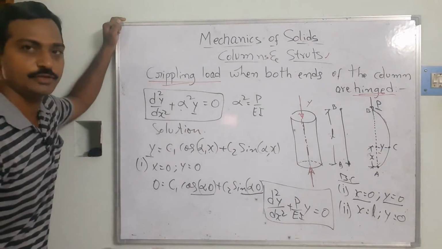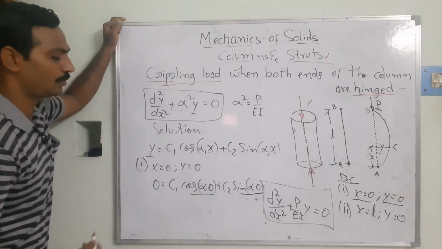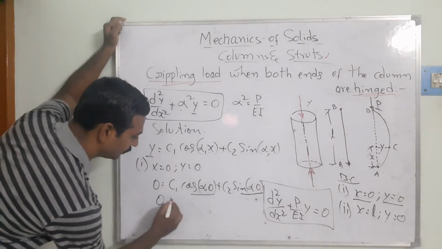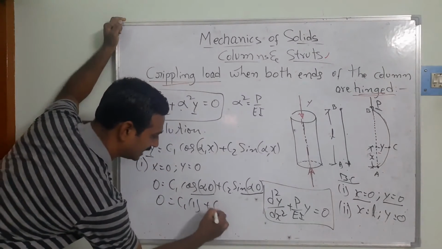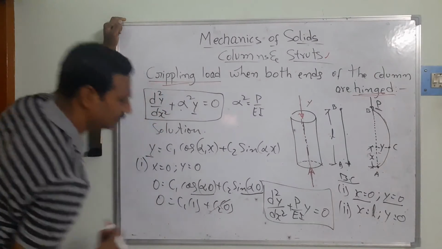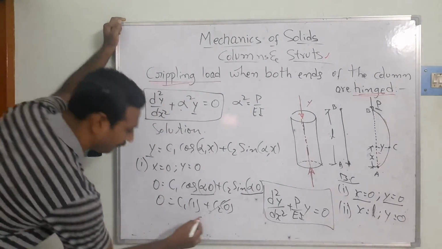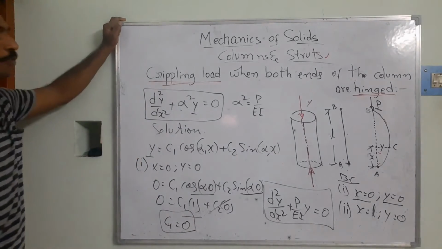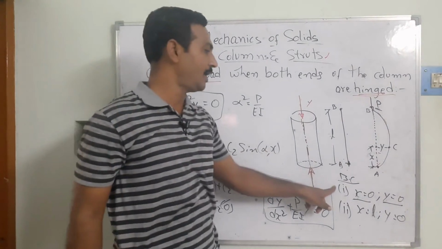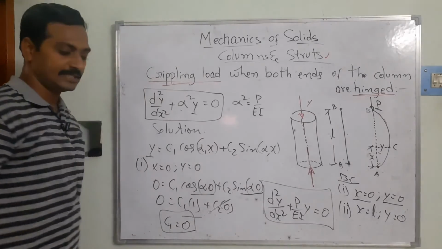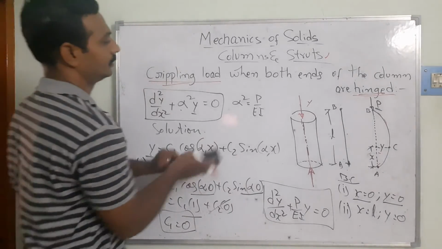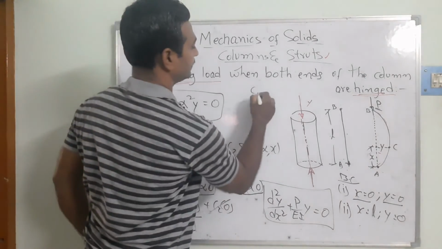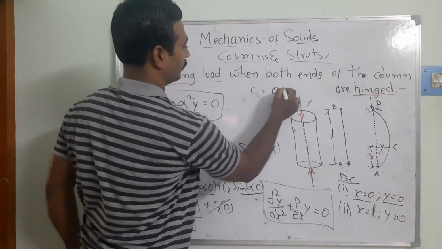As we know, sin 0 is equal to 0 and cos 0 is equal to 1. So 0 equals c1 into 1 plus c2 into 0. This term is going to be 0, so finally c1 is equal to 0. When substituting the first boundary condition, I got c1 equal to 0.